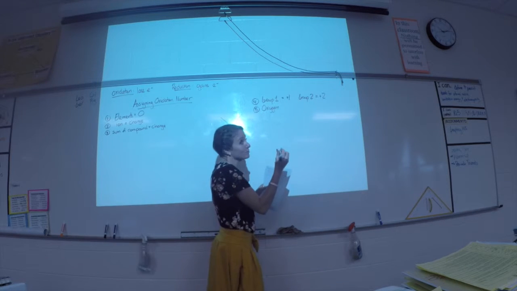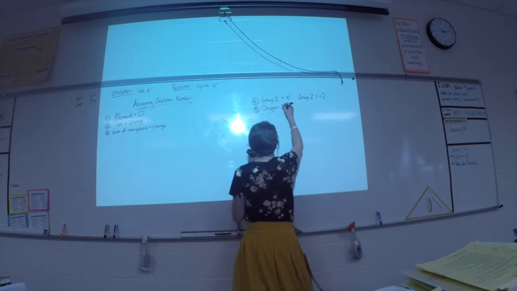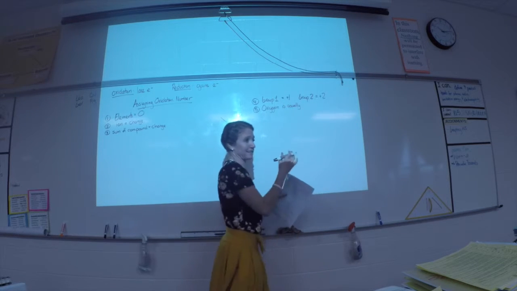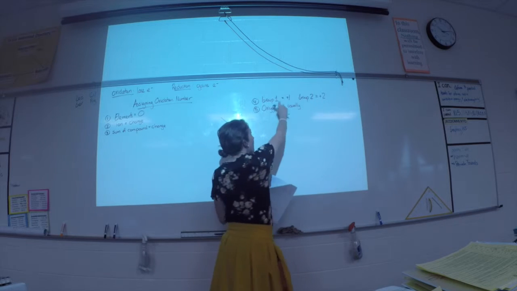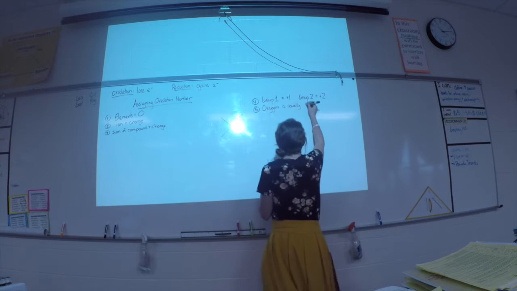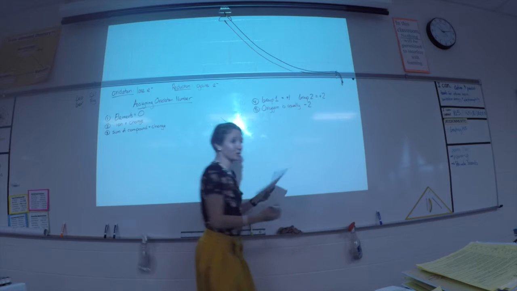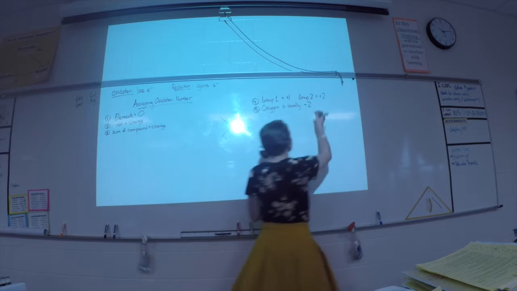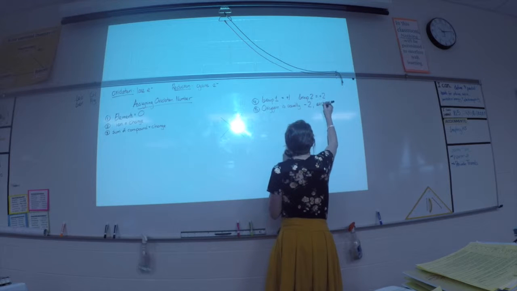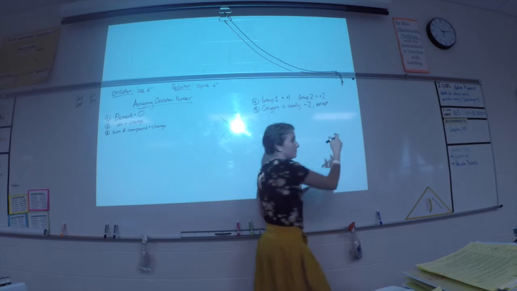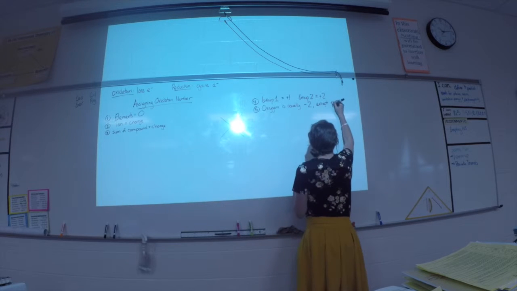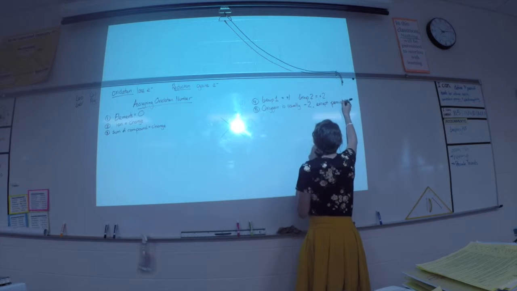Do you remember what oxygen usually is? -2. This is one of our soft rules, that's why it has the word usually in there. This is a hard rule, this is a soft rule. Oxygen is usually -2. Anyone remember the exception? Peroxide, as in hydrogen peroxide, right? So except peroxide is -1.